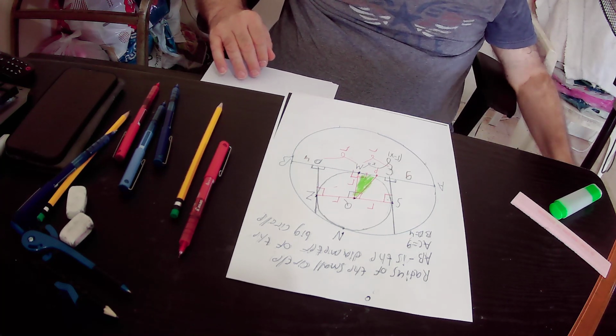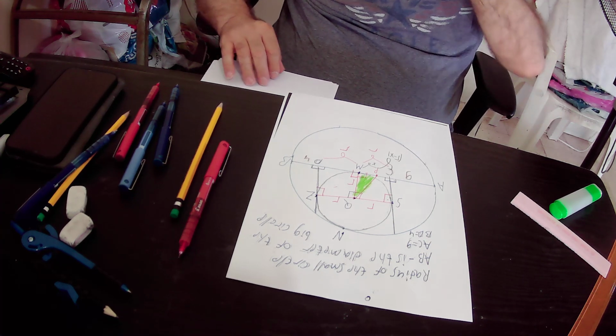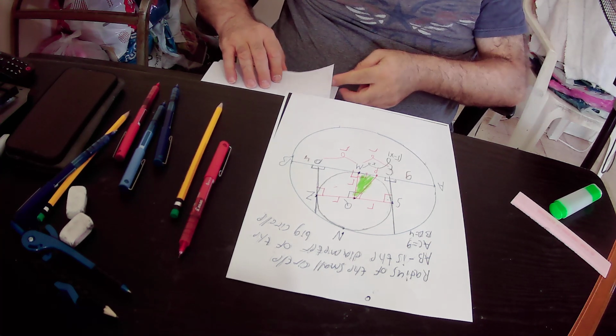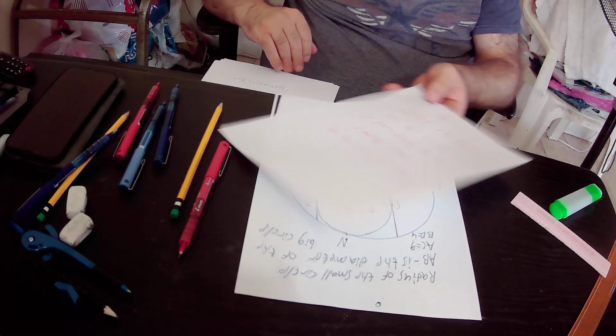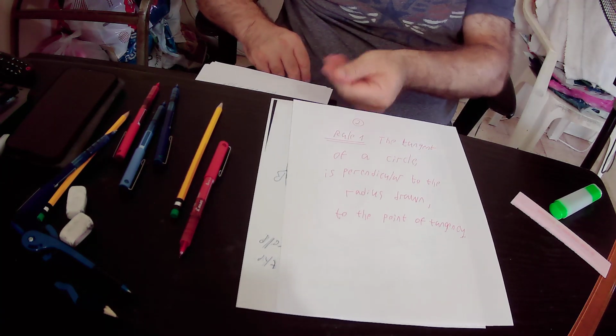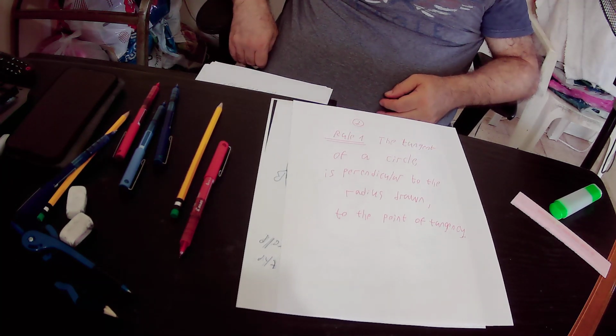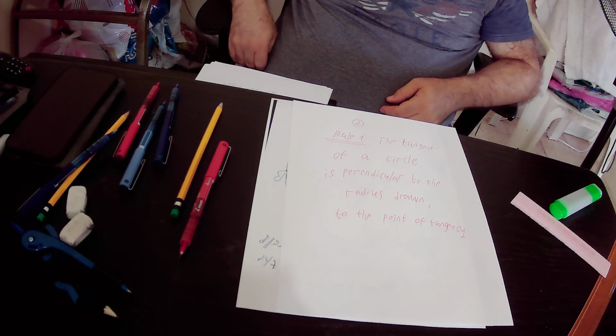Okay, then we have a rule number 1, that states that the tangent of a circle is perpendicular to the radius drawn to the point of tangency.